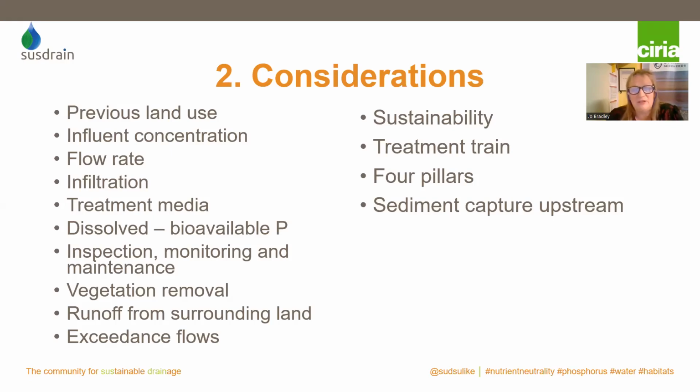Will you need treatment media, or can you just use engineered soils? How much dissolved phosphorus have you got, and how much particulate phosphorus have you got? Will you be harvesting vegetation? What phosphorus is coming onto your site from neighbouring land? Have you got agricultural land that runs onto your site that you can't divert? And what will you do with your exceedance flows?